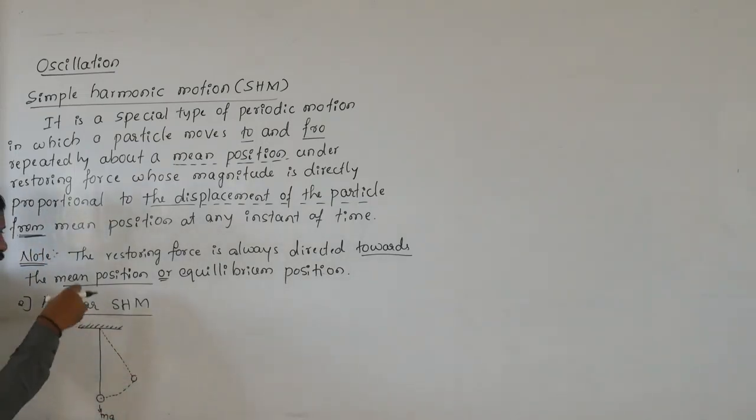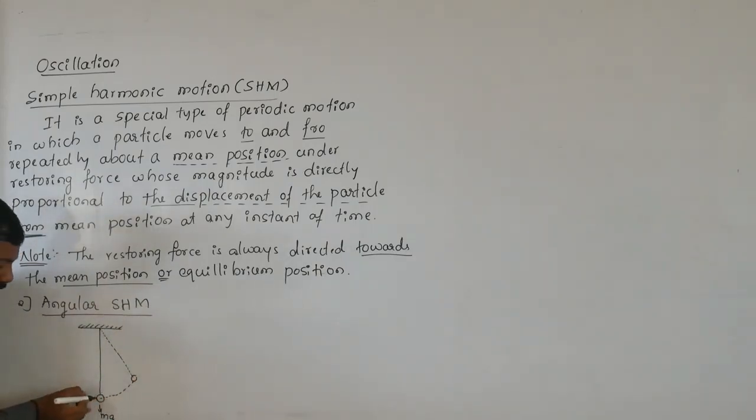When that external force is completely removed, it comes back through the mean position and shows the same displacement on the other side of its mean position.